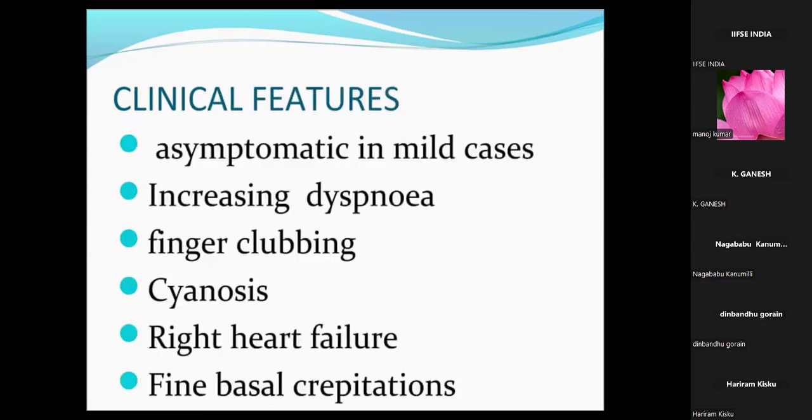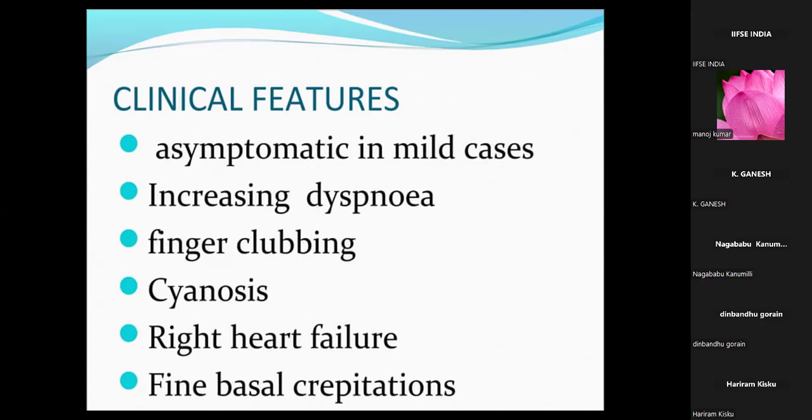Now, clinical features. What are the symptoms that the person shows for this asbestosis? One is asymptomatic in mild cases, that is in initial stages when a person is less exposed or is working in industry and is not frequently exposed to this asbestos dust, then he may not develop symptoms.